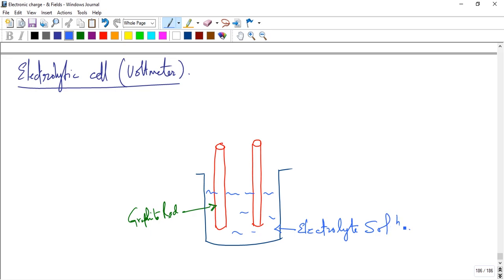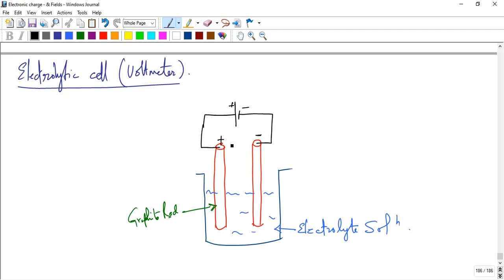The concept is that a cell, a battery, is connected here. So when the current turns on, that is the positive terminal and that is the negative terminal.